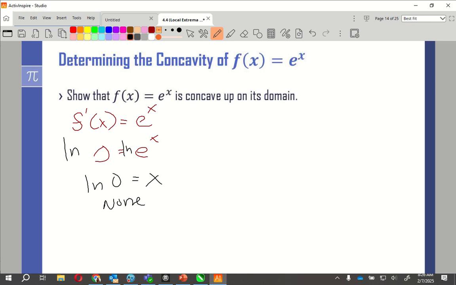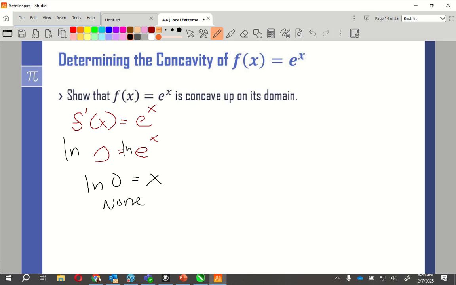I don't have any places where it's equal to 0, so that means it's all going to be the same thing. Now concave up, concave down. I could pick a point inside that interval because I don't have any critical points. It's going to be everything. All the values are what I'm going to use.